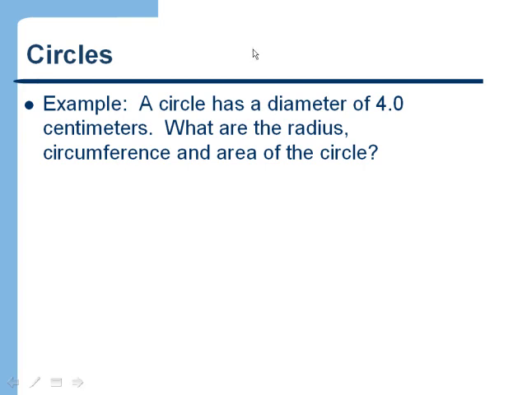We know that the diameter is equal to 2 times the radius. So dividing both sides of that equation by 2, the radius is the diameter divided by 2, or in this case, 4 centimeters divided by 2, which is 2 centimeters. And obviously I know you can divide 4 by 2 in your head, but I just wanted to write it out formally and show you that.